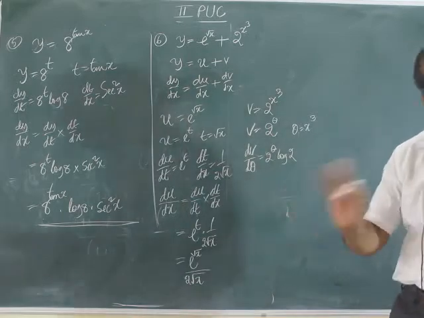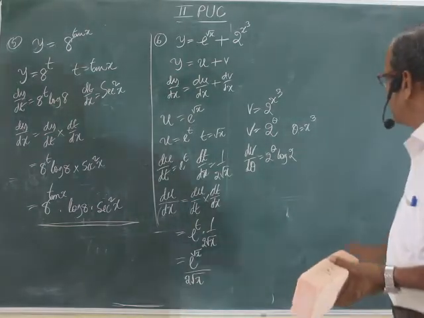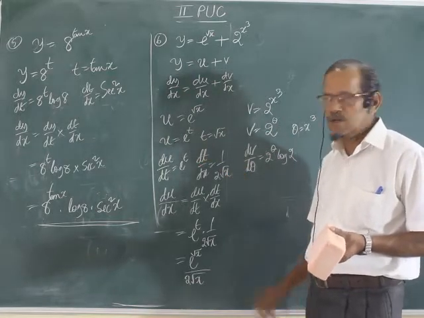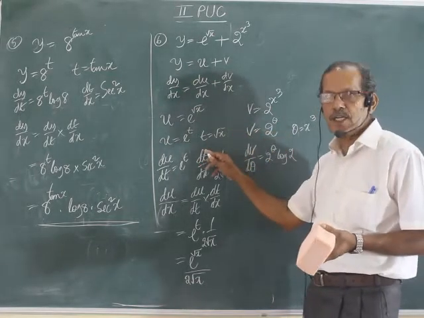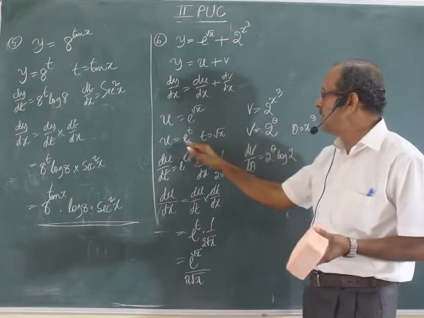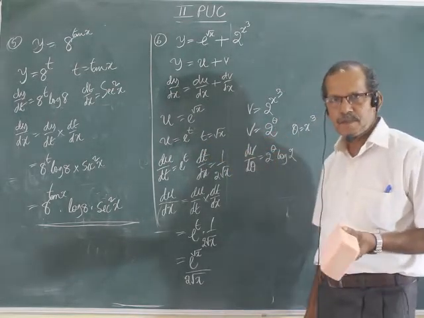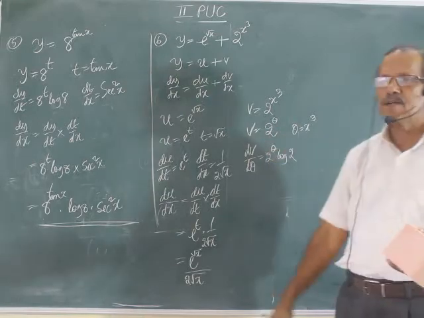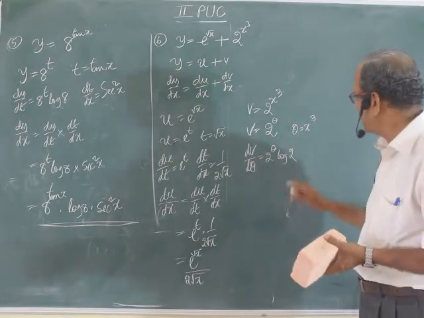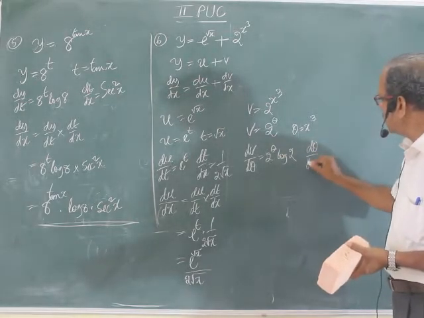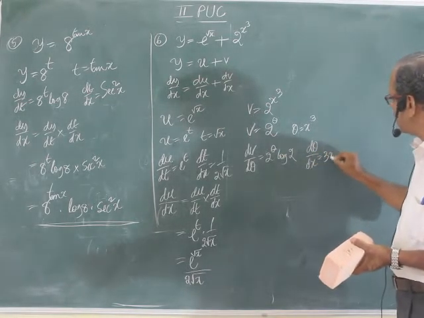Why have I not written a t? Because once you have used t, you may have the confusion, since t is actually root x. In order to avoid that, let me take another one, theta. 2 to the power theta log 2, and d theta by dx is 3x square.